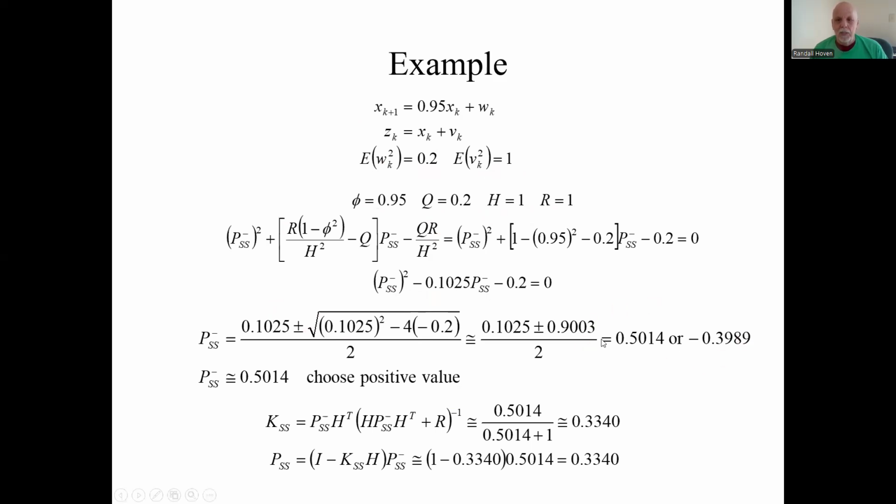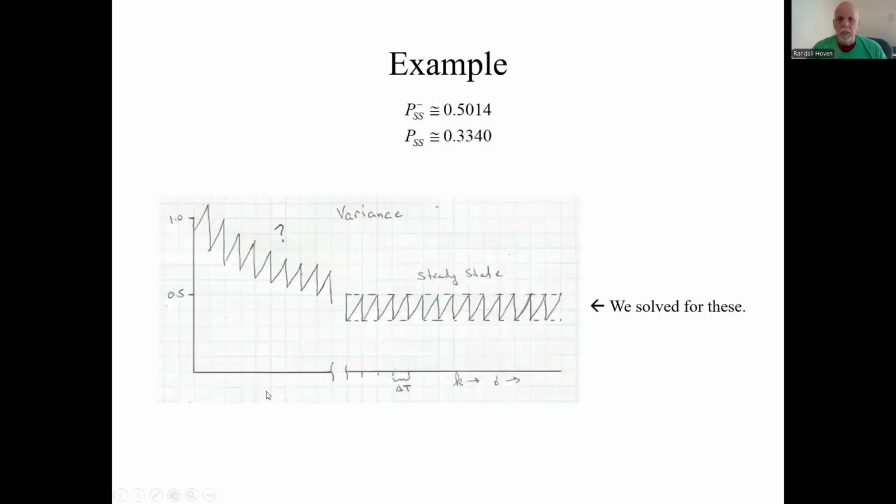And by the way, you need to pick the positive number. You can't have a negative number for a variance. And you get what your steady state gain is going to be and what your steady state error covariance is. Here it is before you get an update, and here it is after you get an update: 0.33 after the update, 0.50 before the update.